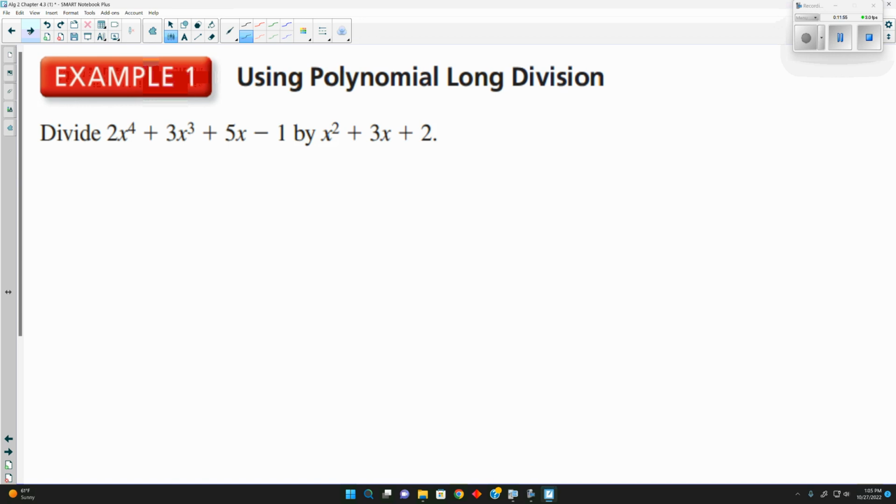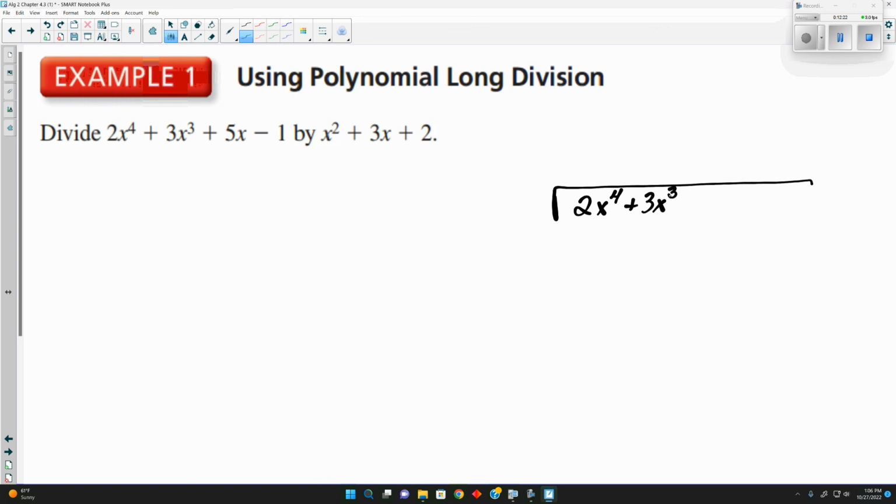Let's look at the next one here. So we're going to divide these. We can start off by setting up our division here. Inside, we put the one that goes first, so we have 2x to the 4th plus 3x cubed. Well, the next term we have is 5x. We don't have an x squared term.